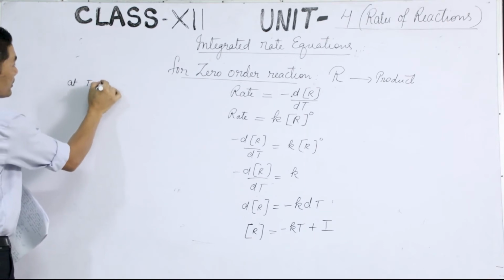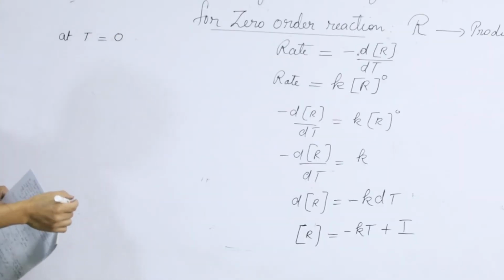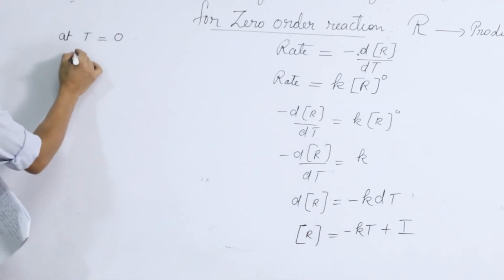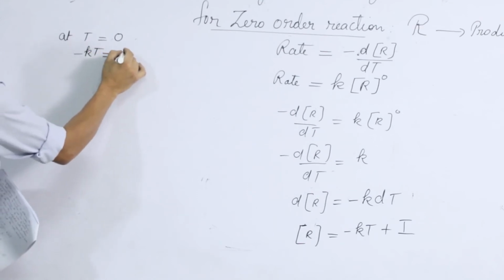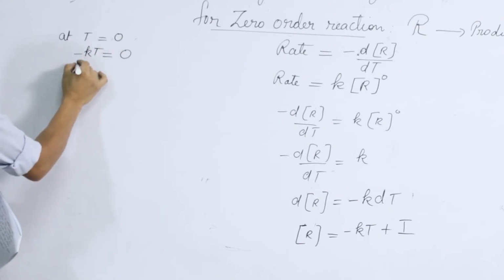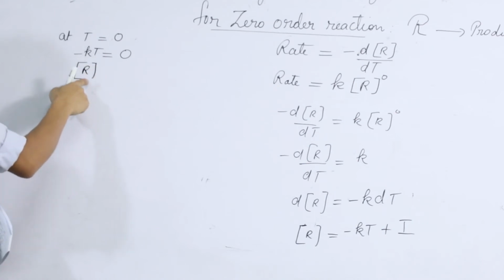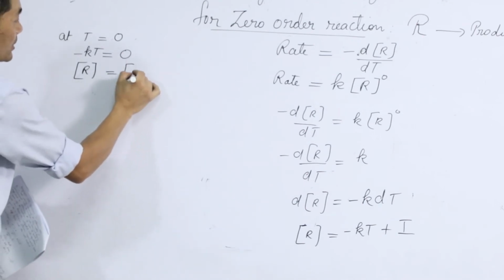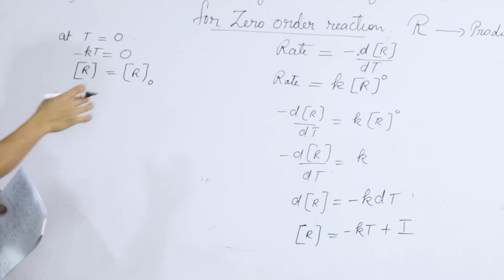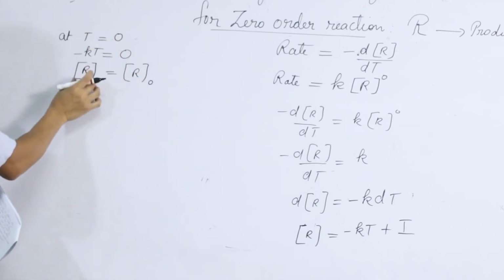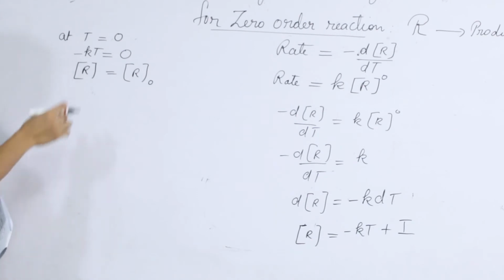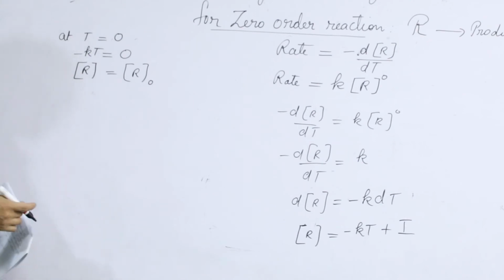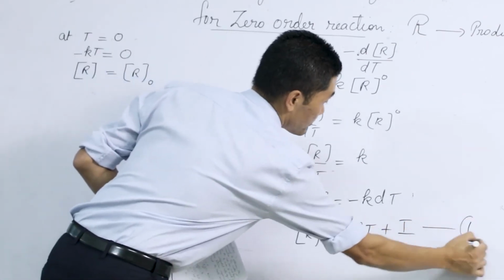At time 0, the product of K and t becomes 0, and the concentration of the reactant at a given time will be equal to the initial concentration, because no time has passed. At time 0, the initial and final concentrations will be the same. So at t equal to 0, we can write Kt equal to 0, R equal to R naught. Let us take this as equation 1.